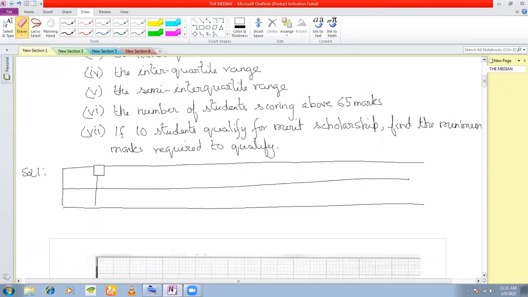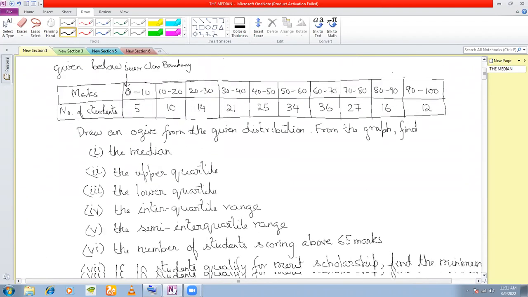Let me write here: lower class boundary. And here you have your cumulative frequency. So the first lower class boundary, what we saw here, was 0, isn't it?